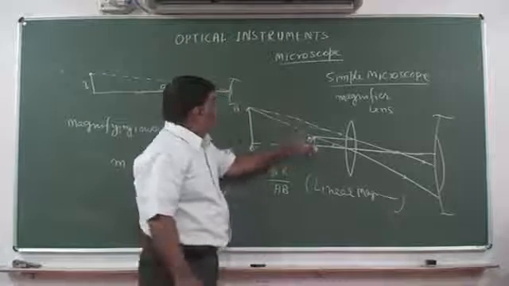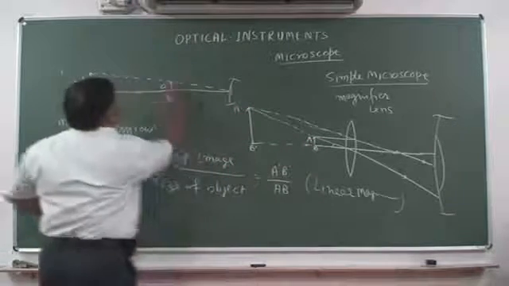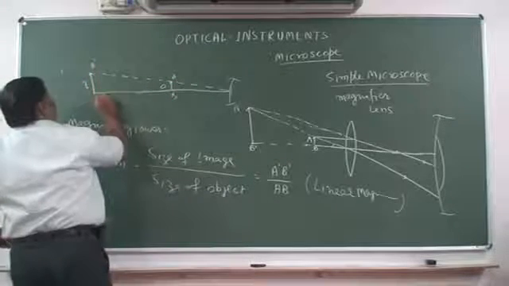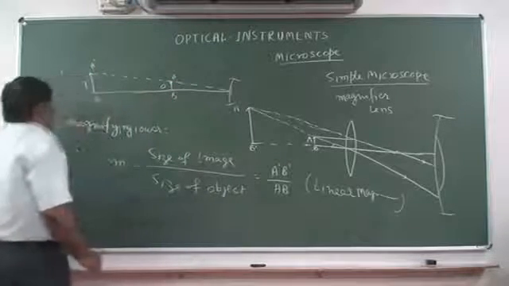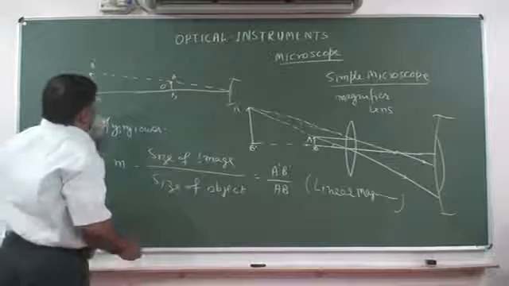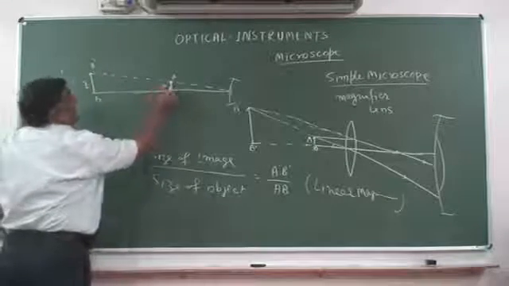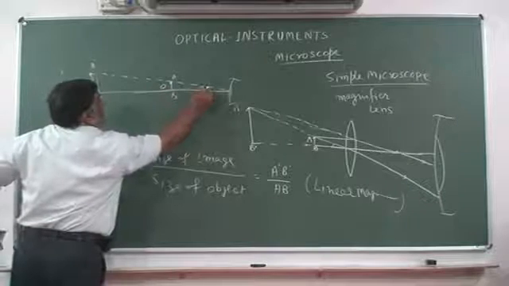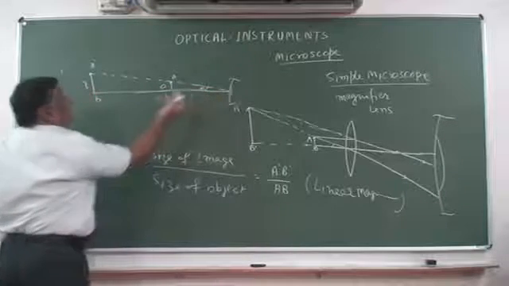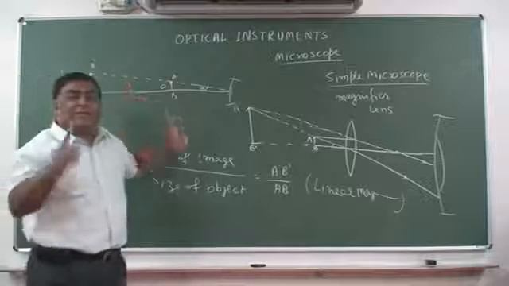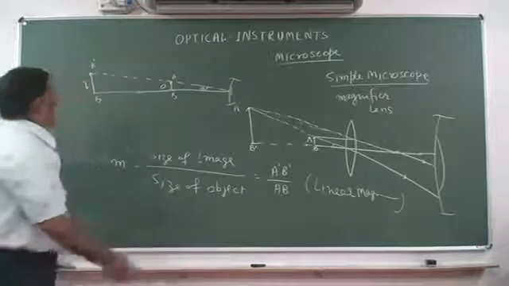This is the object AB, and this is the image A'B'. Now angular magnification will be the angle made by the image divided by the angle made by the object, but we see that both angles are theta. Then how will there be any? The answer is, this is not the method by which we apply this formula.